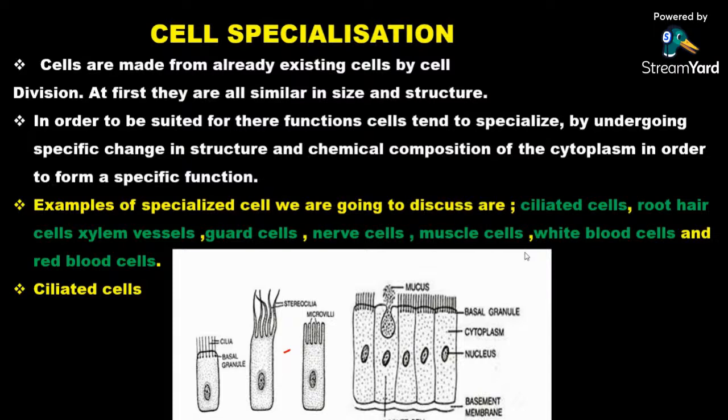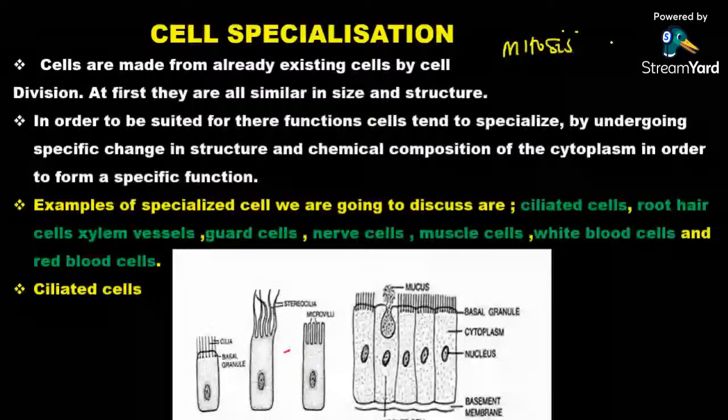Cell division multiplies the cells. We are going to find two types of cells, body cells and of course sex cells. Body cells are multiplied by the process called mitosis, and of course for sex cells we are talking of meiosis. Mitosis occurs in the body.